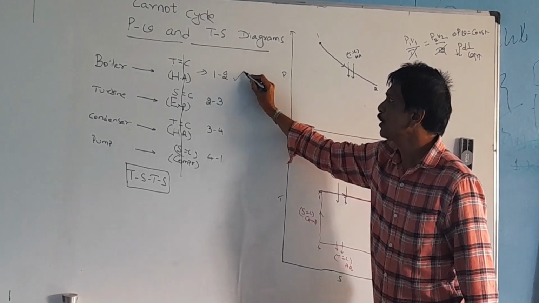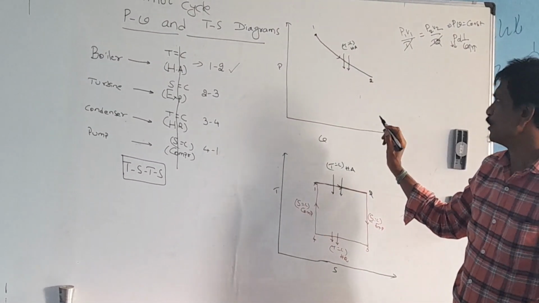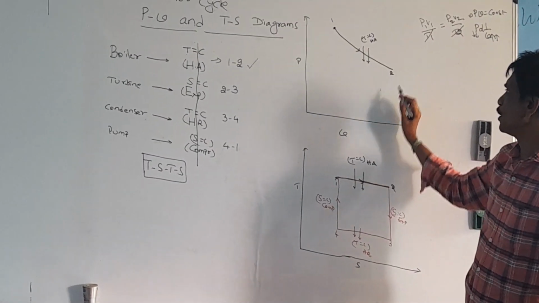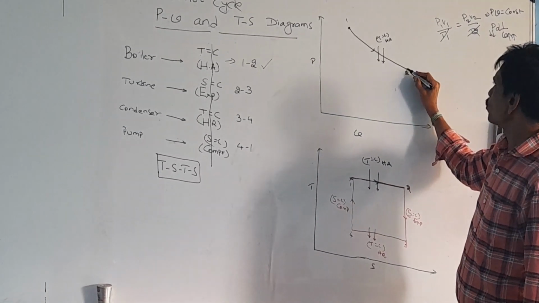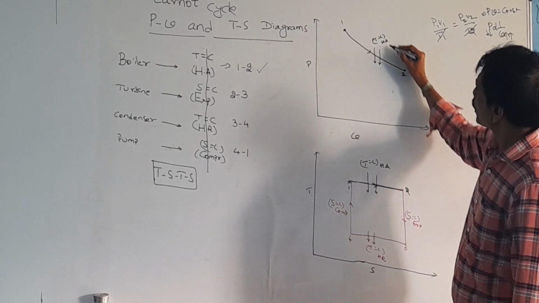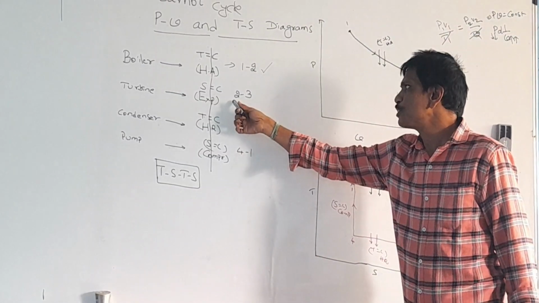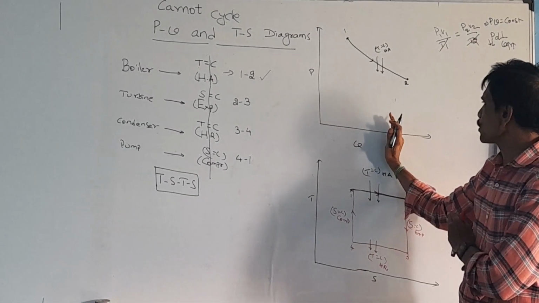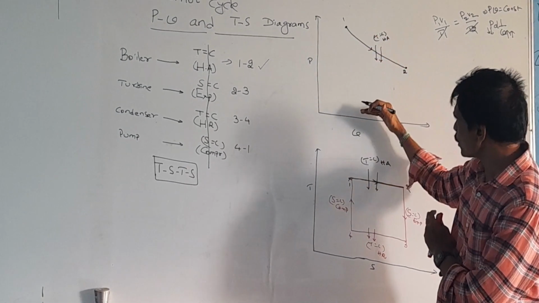The next one is the expansion, isentropic expansion. Constant pressure is horizontal, constant volume is vertical, other than this curved line. So from 2 to 3, you have to draw the curved line. Because of the expansion, the volume increases and the pressure decreases.